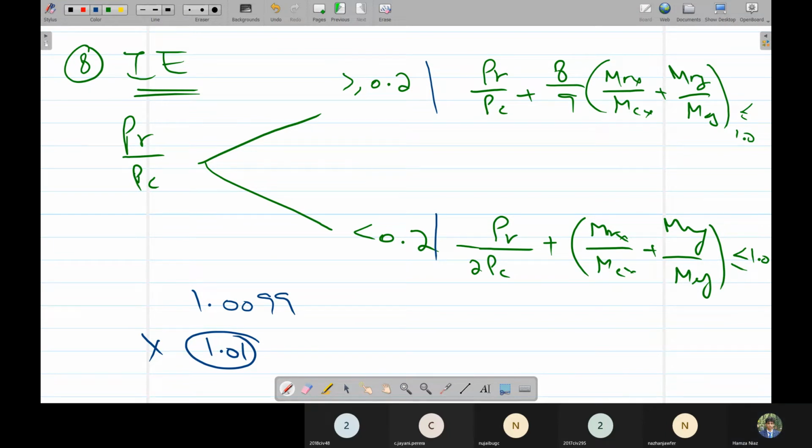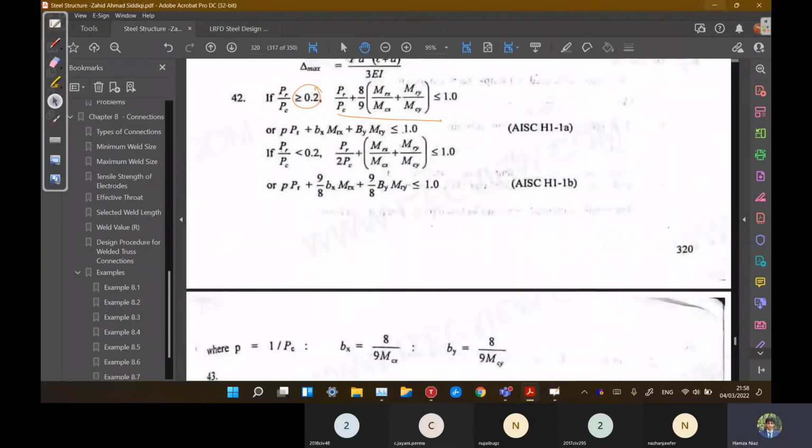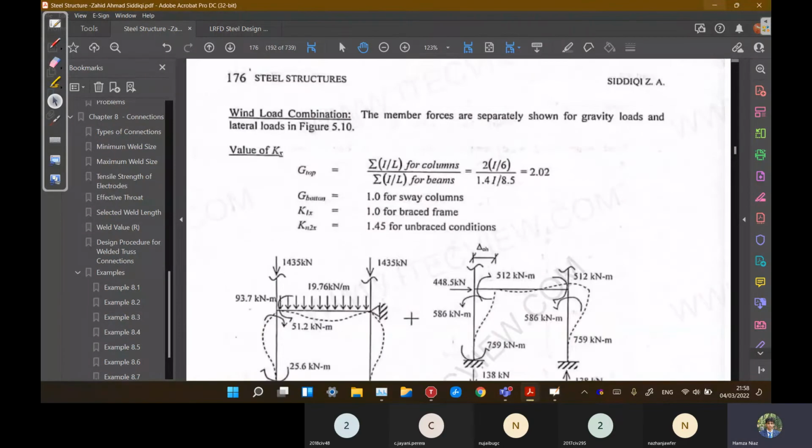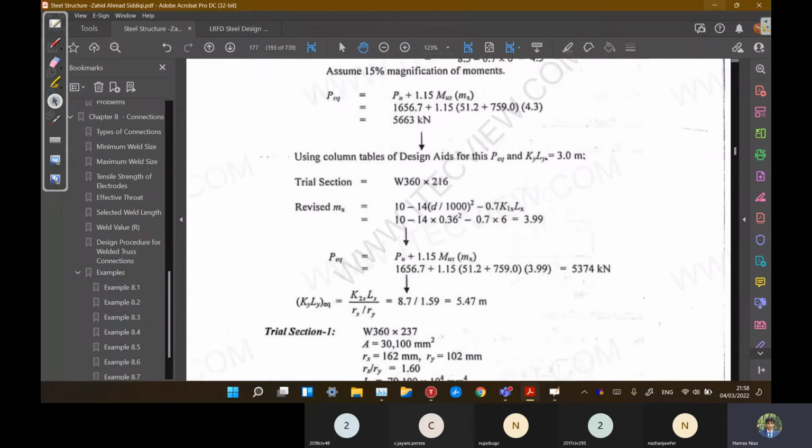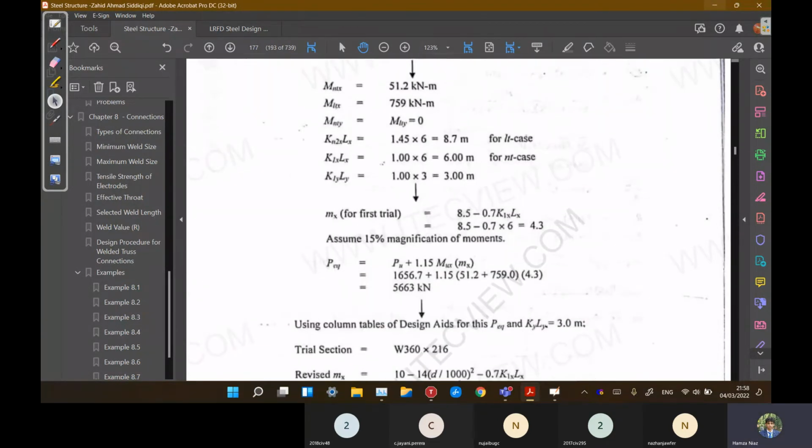Okay, so any questions? This is the total question. We have no load combinations, value of K, and here they have calculated P equivalent.